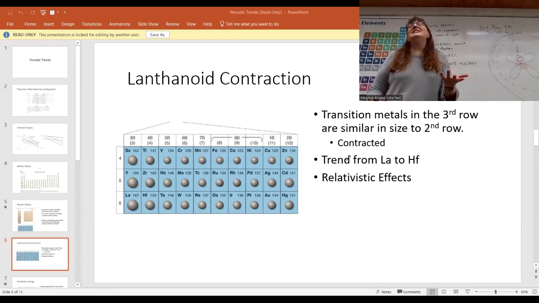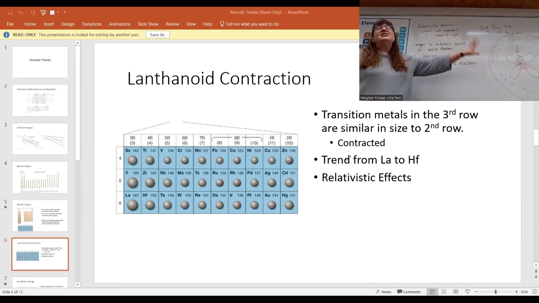But the idea behind it is that those electrons in these 6s, 7s, 8s orbitals are moving very, very fast. They gain mass, and that causes them to be pulled in.